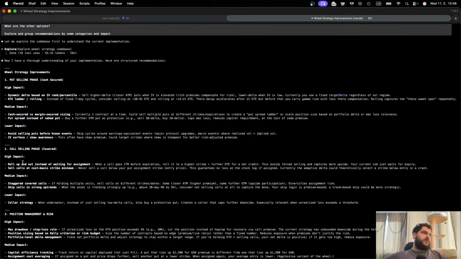So the medium impact is cash secured versus margin secured sizing. Currently it's one contract at a time; could sell multiple puts at different strikes and expirations to create a put spread ladder, or scale position size based on portfolio delta or max loss tolerance.